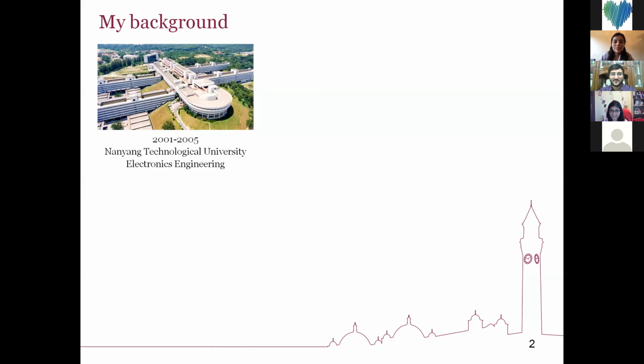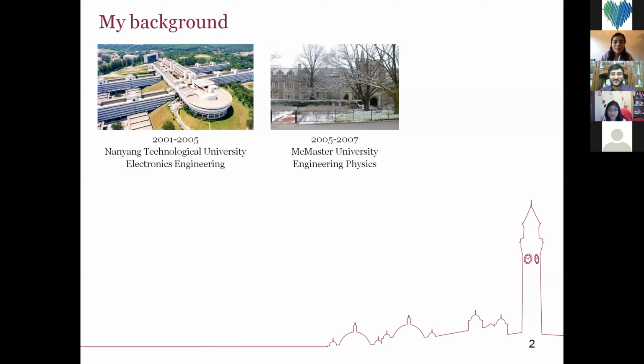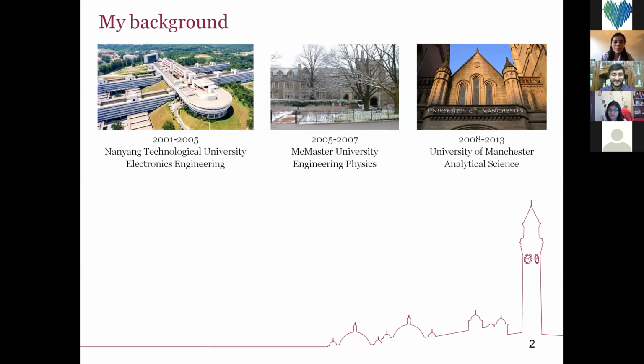This brings me to my master's study where I was investigating if it's possible to make microprocessors using liquids. And one of the applications of these microfluidic processors is in biological and chemical sensing, which really led me to the University of Manchester to do a PhD degree.